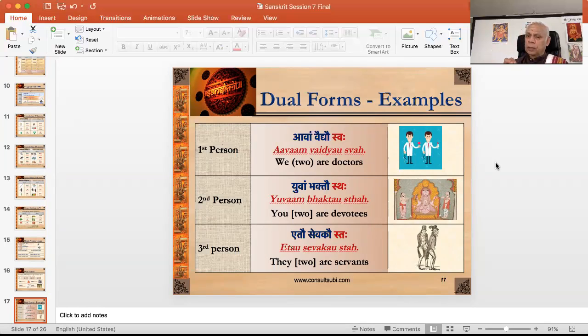When you say yuvam bhaktau itself, it means there are two people. Likewise, third person, etau sevakau staha. These two are servants. So these are typical examples for dual forms.